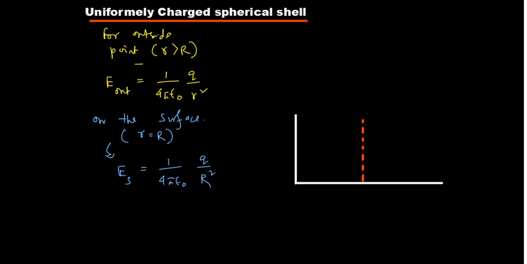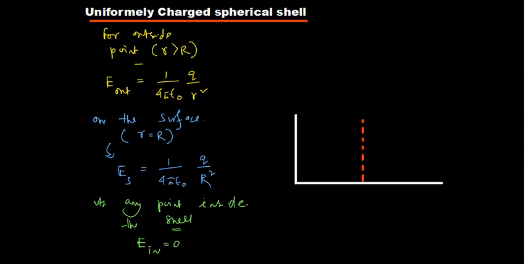If I choose any inside point, at any point inside the shell, E inside will be equal to 0.